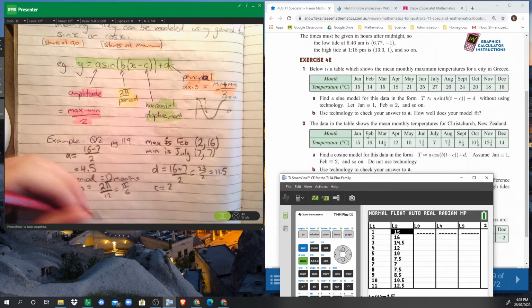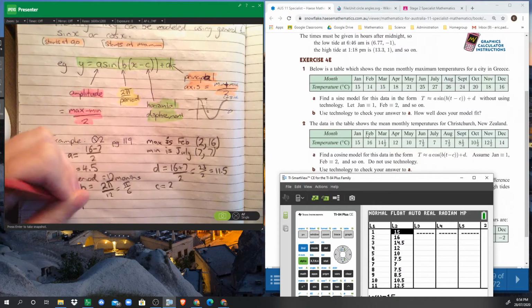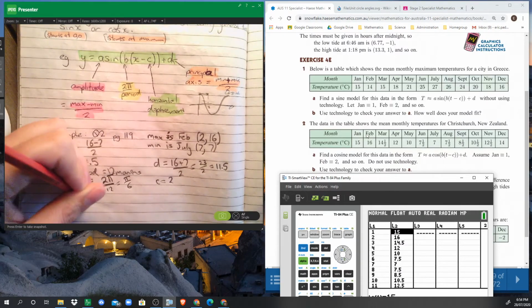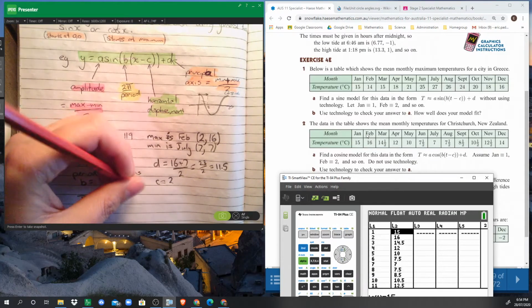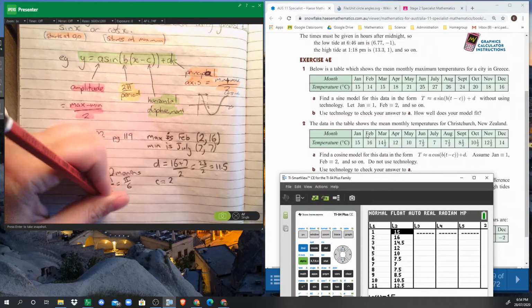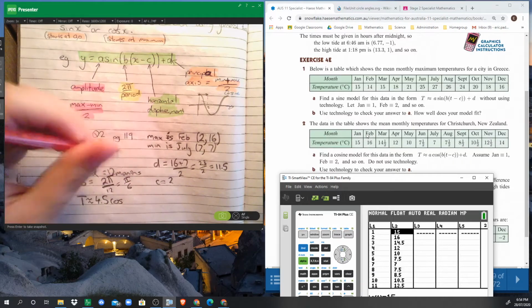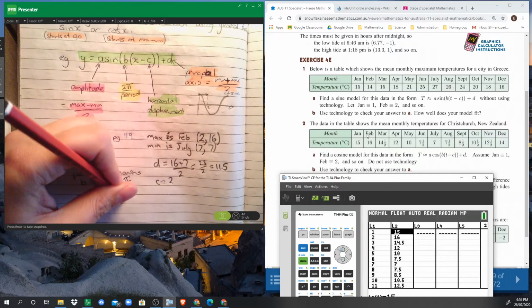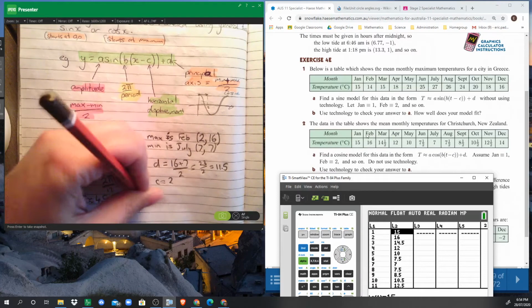Okay, so the function would be, I want to write the variable as t approximately equals 4.5 cosine of bracket pi on 6 bracket x take 2.